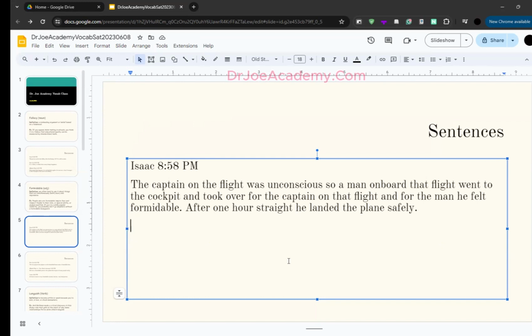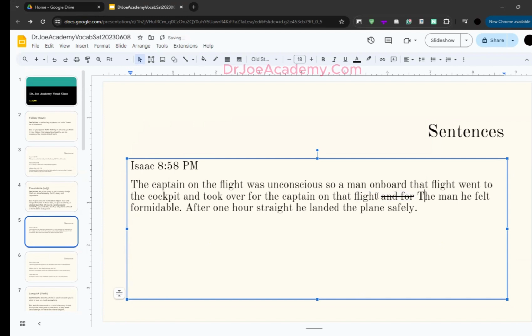Great job, Isaac. So this is a really great and really detailed sentence using the word formidable. So great job including all these details, and it's very descriptive. One thing that I will say is instead of saying, and for the man, he felt formidable, we're going to cut this off since it can make the sentence feel a bit like a run-on sentence.